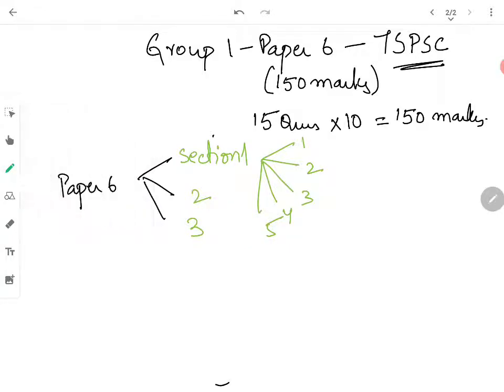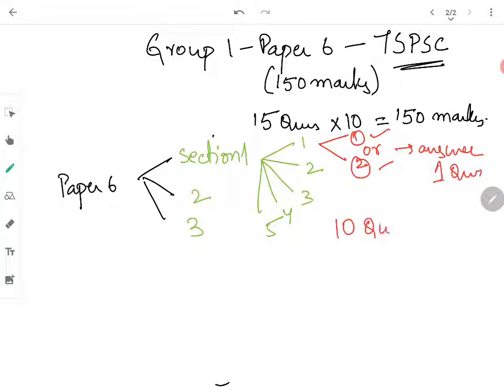In the paper we get two questions from each chapter and we will be given a choice. That is, we can choose either one or two and answer one question. In each section we get 10 questions and we need to answer 5 out of 10 questions.